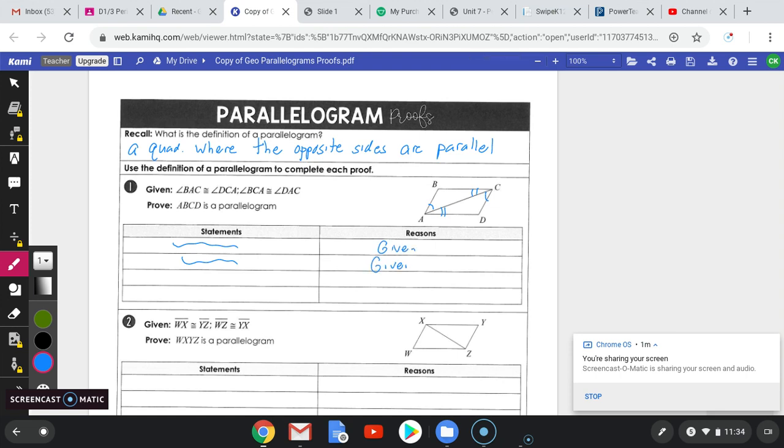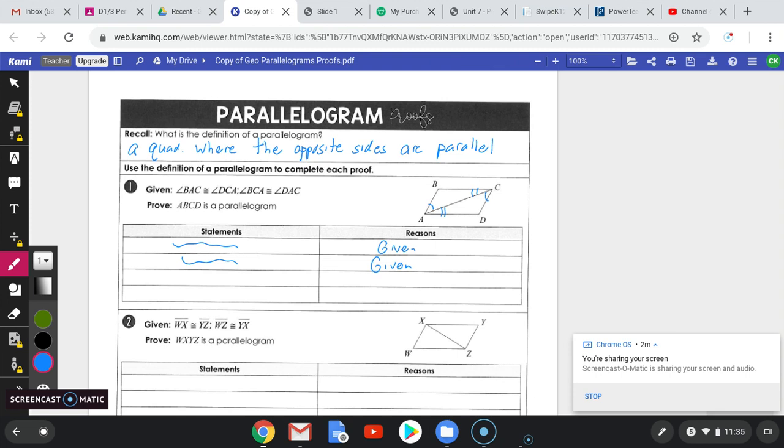Okay. Now, one of the ways to prove something's a parallelogram, or the main reason, is to prove that the opposite sides are parallel. Well, if I think back here, in order for these two angles to be equal, they have to be parallel. But what was that little theorem that we talked about in chapter 3, that says if these two angles are congruent, then the lines have to be parallel?